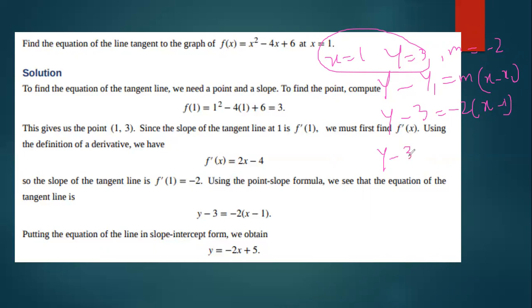So y minus 3 equals minus 2x plus 2. Then y equals minus 2x plus 5.